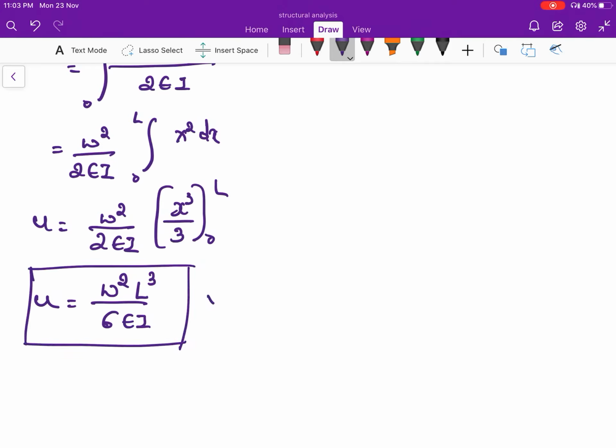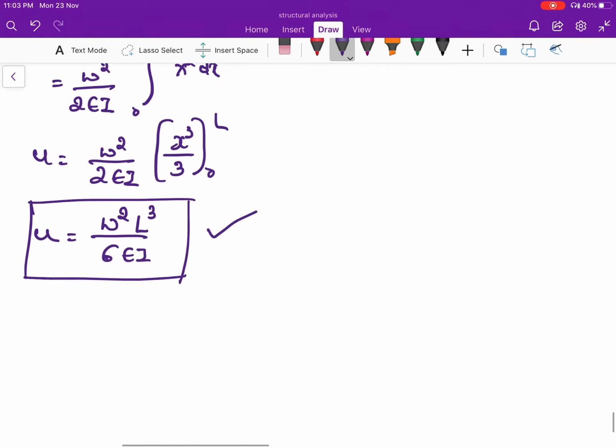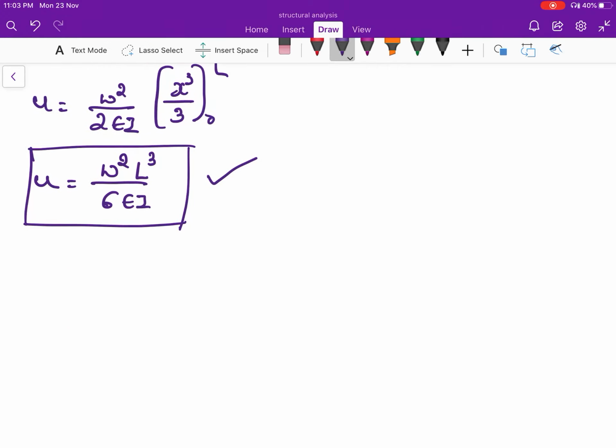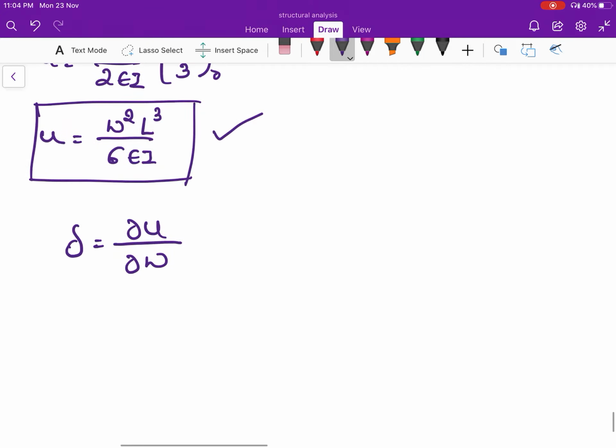Now with respect to this, you have found out the value of U. But in the question they are asking us to find the deflection. So according to Castigliano's first theorem, delta will be equal to dou U with respect to dou W. So dou by dou W of the value of U, W squared L cubed divided by 6EI.